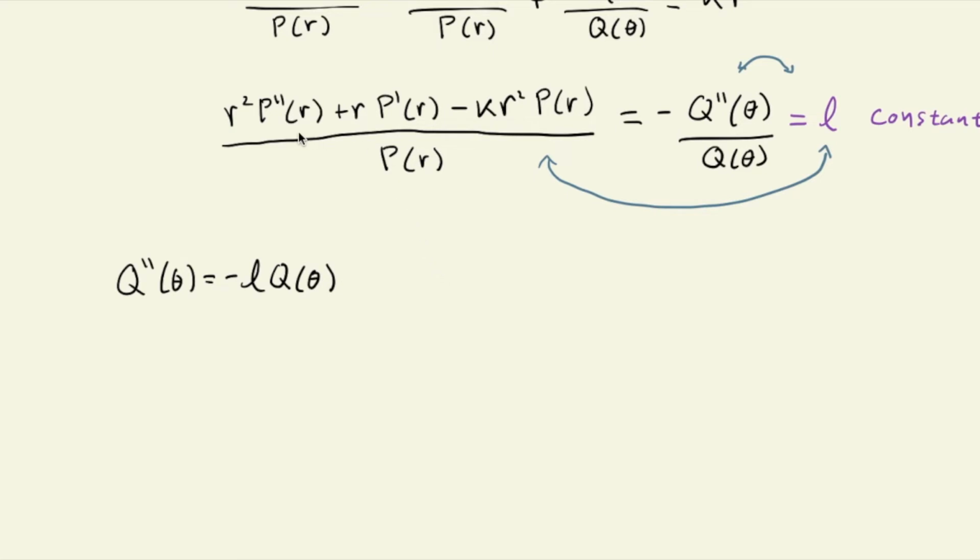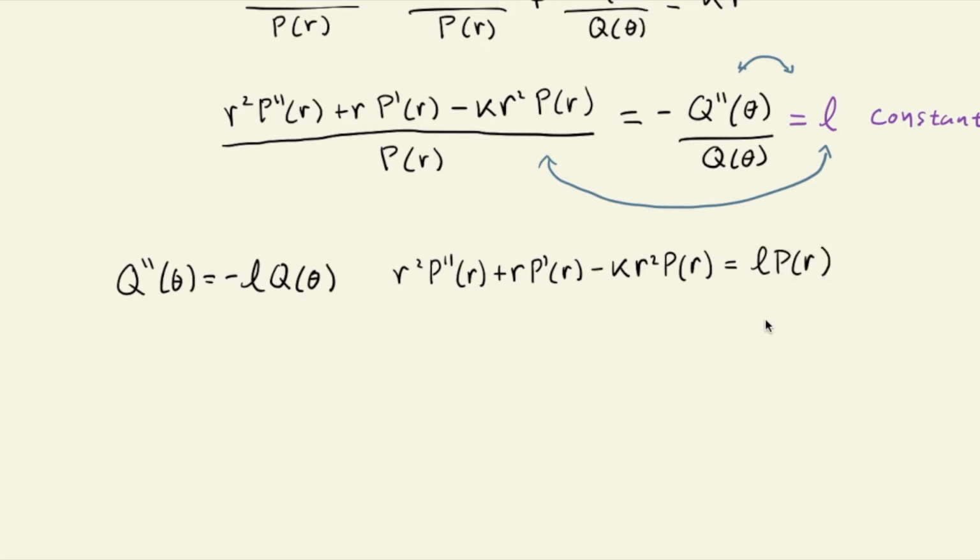And for P, we get r squared P prime prime plus r P prime minus k r squared P is equal to L P of r.